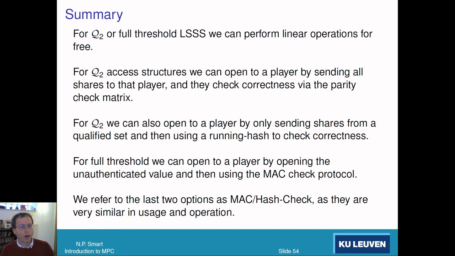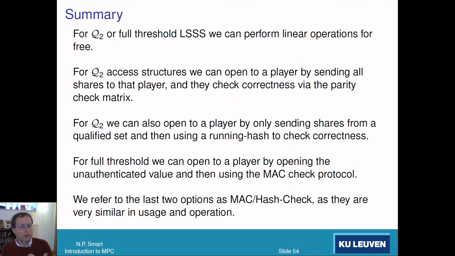If we want to open to players, we can open all the values, but only send to certain players in a qualified set, and then run the hash check to check correctness at the end of the protocol. So for full threshold, I can open to a player by opening the unauthenticated value and then using the MAC check protocol.